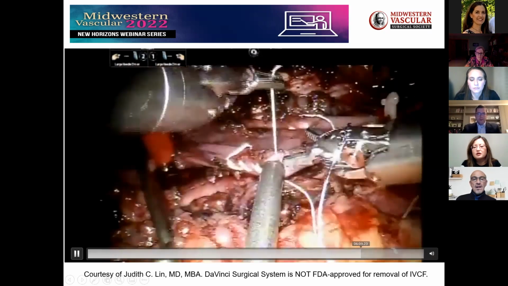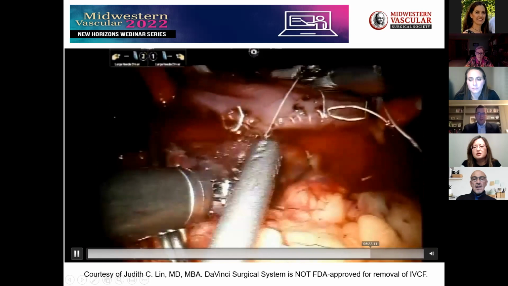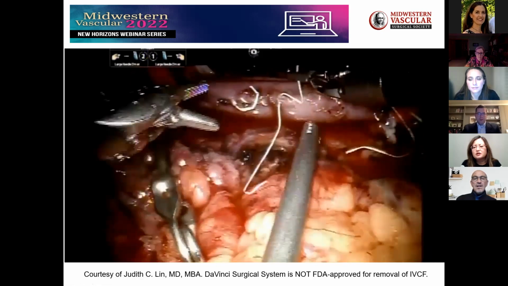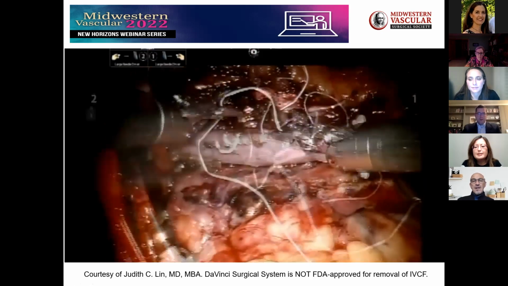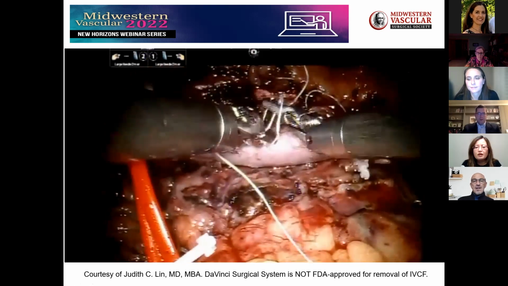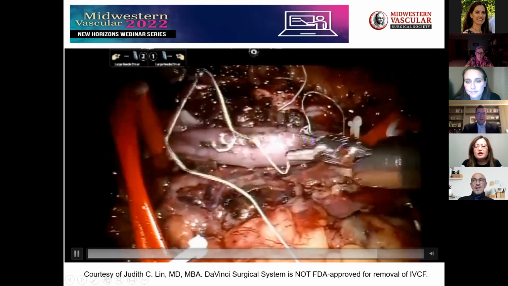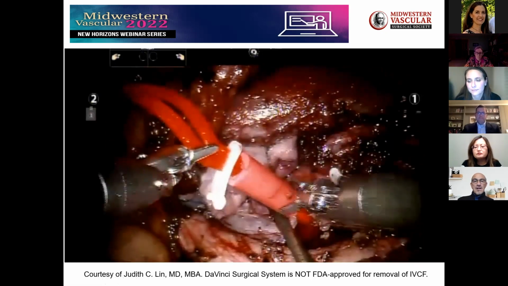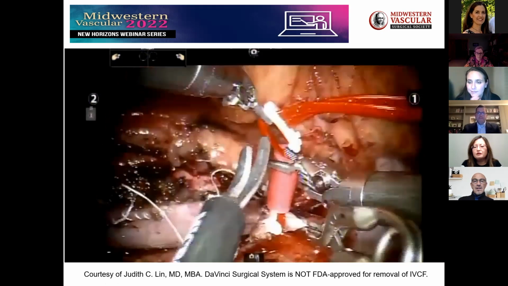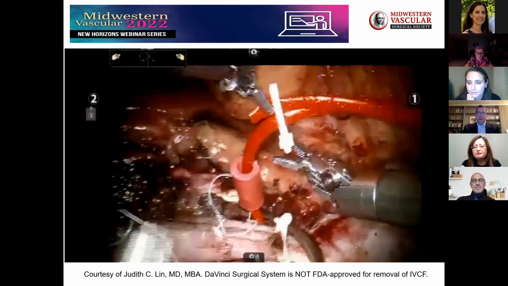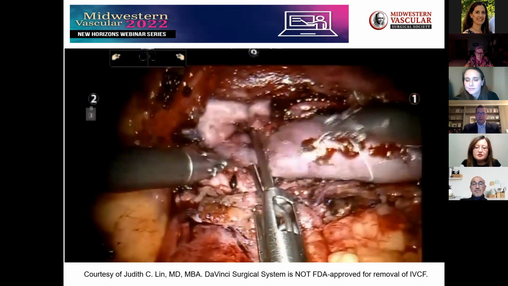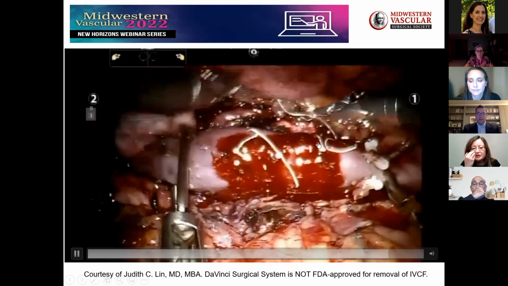And then the reconstruction, making sure that it is a tight seal. So it's exactly the same principle as doing it open. And getting the filter out, so this is only if we can't get it out or if there's some other technical difficulty with this.